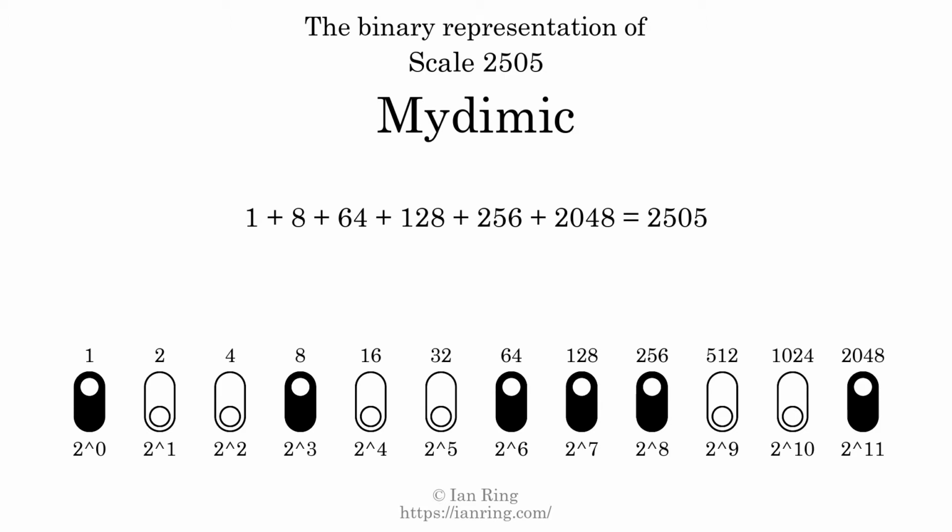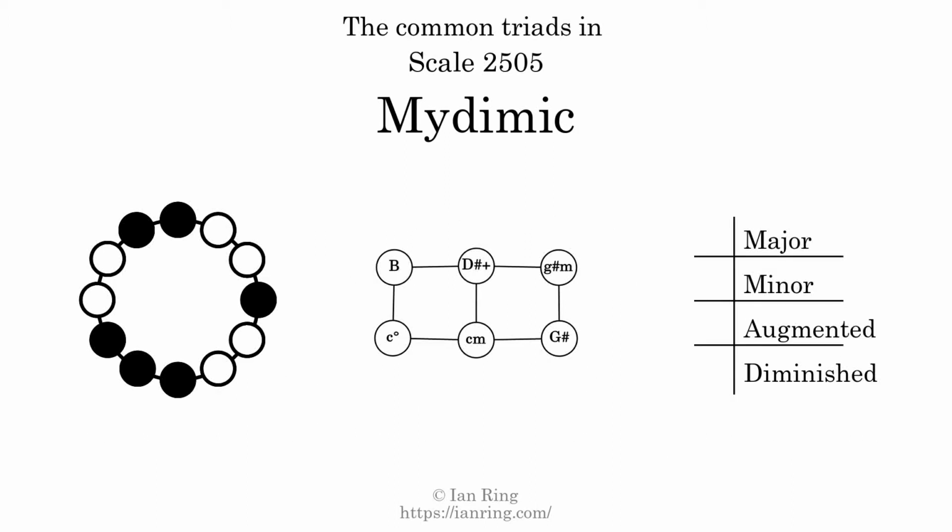That is why the scale number, in decimal, is 2505. The scale number not only enumerates the scale with a unique index, but it also literally describes the tonal content of the scale. Represented as a binary number in base 2, the scale number is 1001110010001.